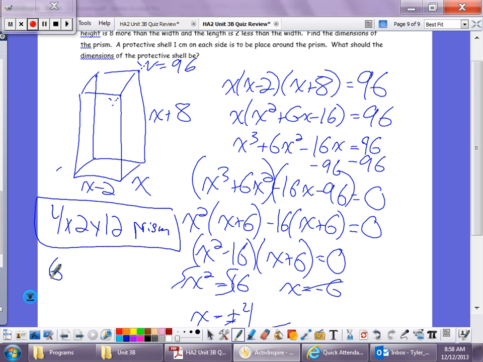If I add 1 here and 1 here to the length, what's it going to be? It was 2. I just added 1 and 1, so 4. The height was 12. I'm adding 1 here, so that's 13. 1 there is 14. So the shell would be 6 by 4 by 14.